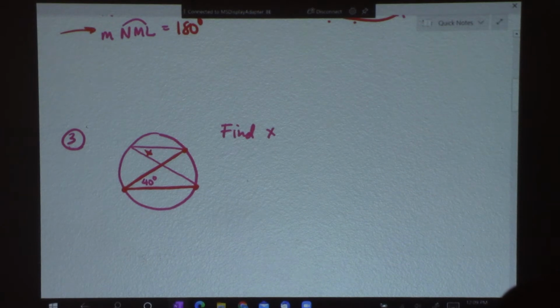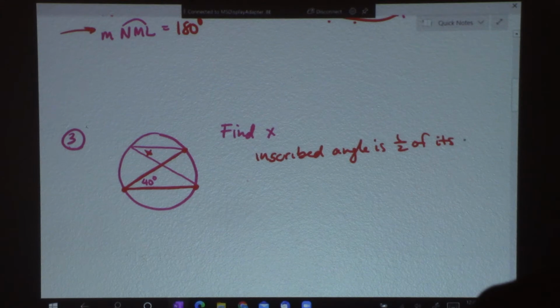It's not in the middle, central angle, but it is over to the one side. So an inscribed angle is half of its arc.